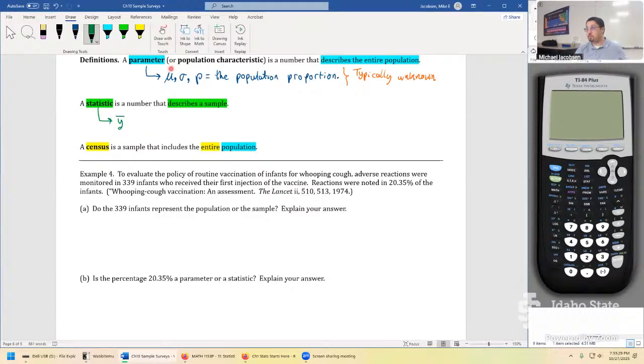Y bar estimates mu. S is the sample standard deviation, which estimates sigma, the population standard deviation. And the statistic we'll study in chapter 13 that goes along with P is P hat, the sample proportion.